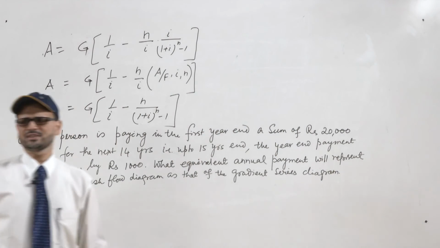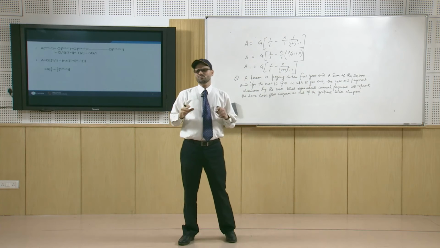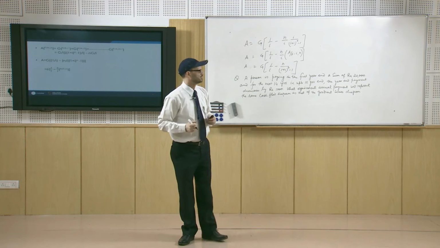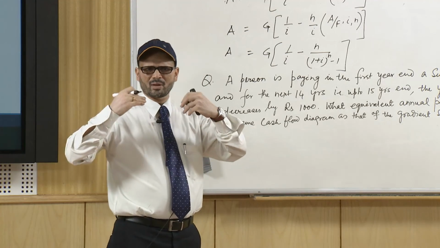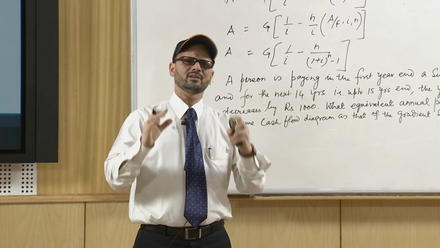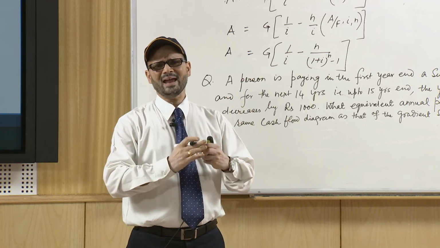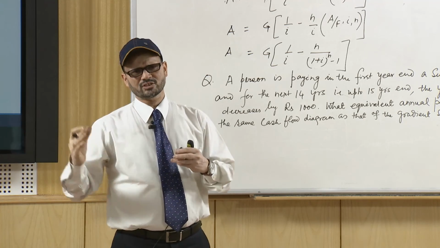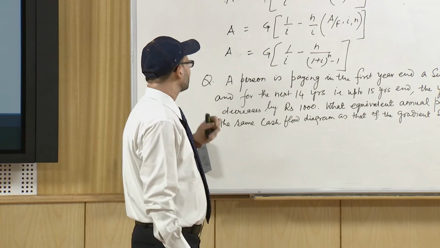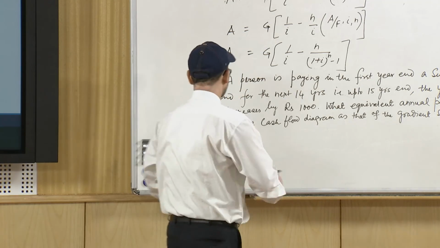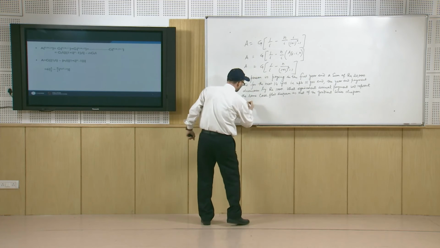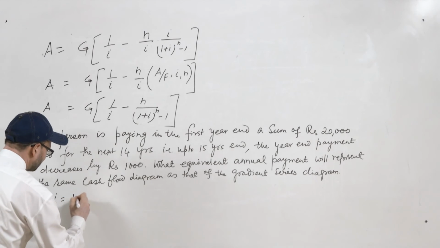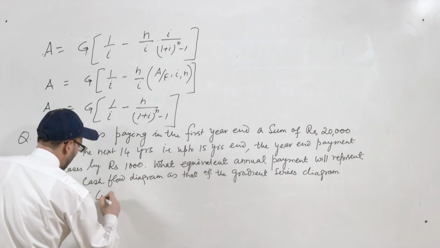Now, let us see, because many a times we deal with certain situations where the person has paid a certain amount in the first year and there is a change in that amount. In this case it is decreasing. So, for this case, you will also be given i as 15% compounded annually.